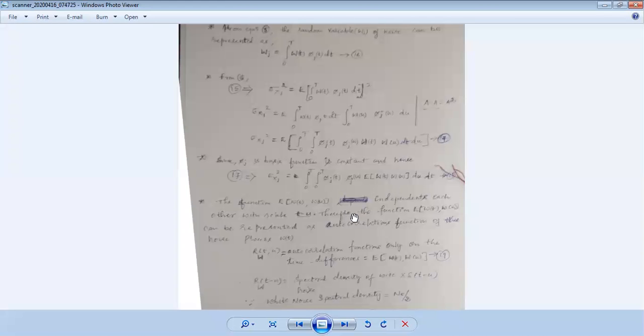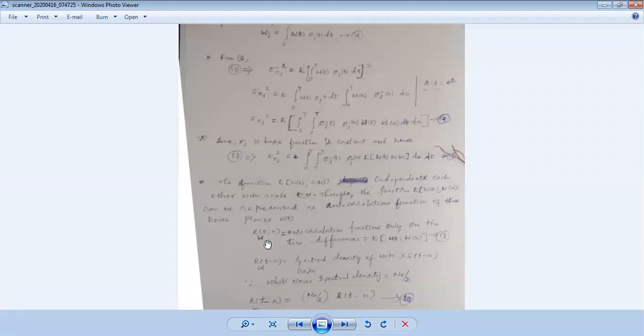Each function can be analyzed with the help of the autocorrelation function, given as R W of t comma u, which is equal to N by 2 into delta of t minus u. Substitute N by 2, the spectral density.